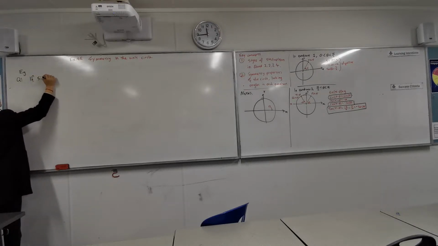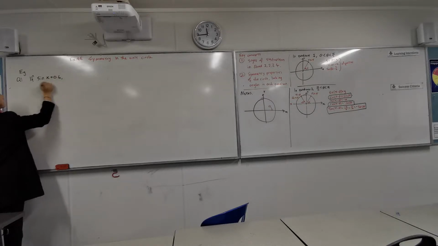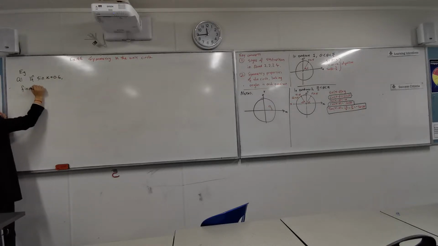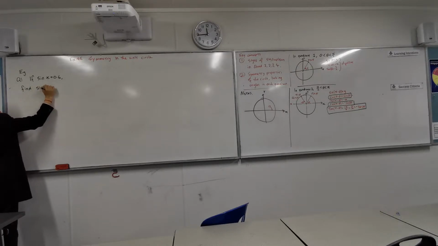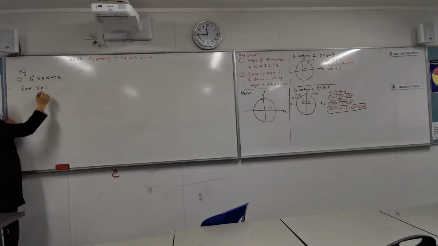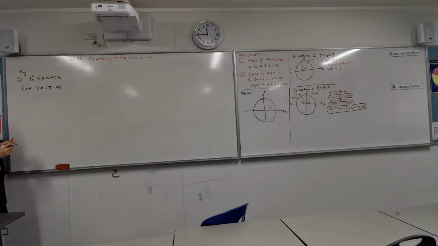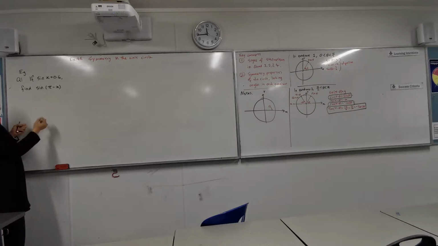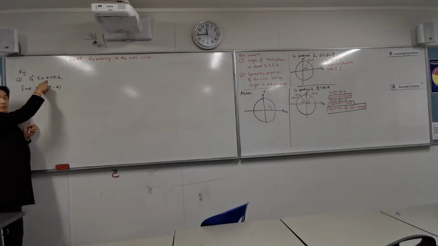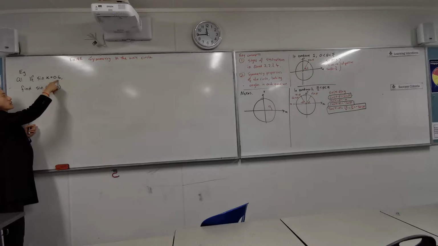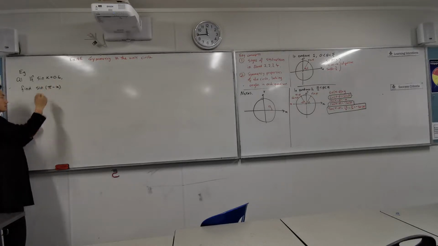if sine of x is equal to 0.6, find sine of pi minus x. Okay, so let's have a think about this. In this question, they say that for a certain angle, x, the sine of that angle is 0.6.